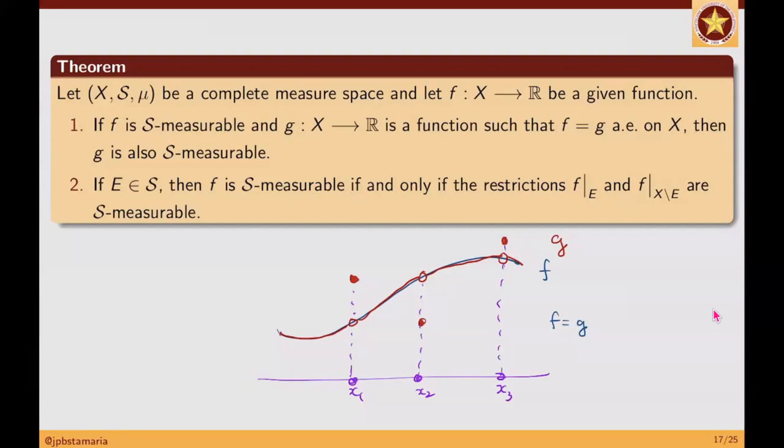So what does this say? Result number 1 will further increase the number of examples that we have. For example, you can construct a continuous function, which we know for a fact is a Lebesgue measurable function. Then you create some discontinuities, just a few.